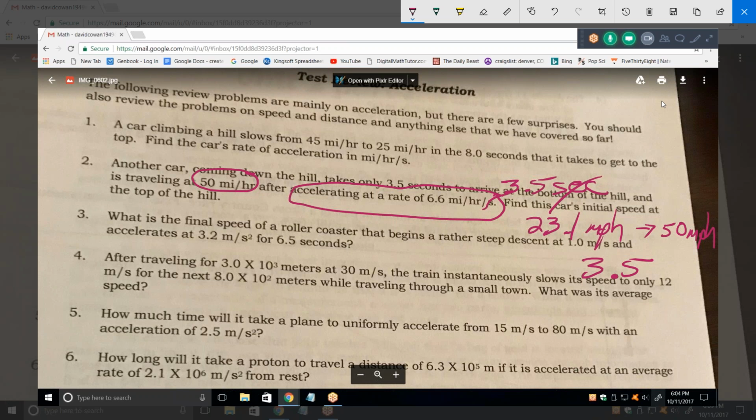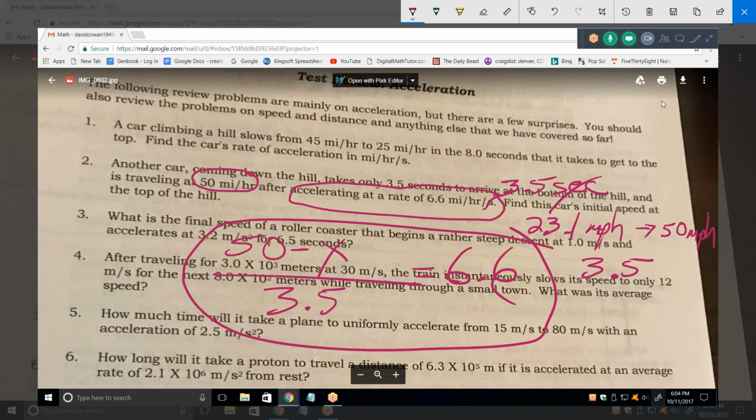In this second problem, they give us the acceleration, how many seconds it's been accelerating, and the final speed. So it's still the final speed minus the initial speed, which we'll call x, divided by the number of seconds, 3.5, and that's going to be the acceleration rate, a positive 6.6.